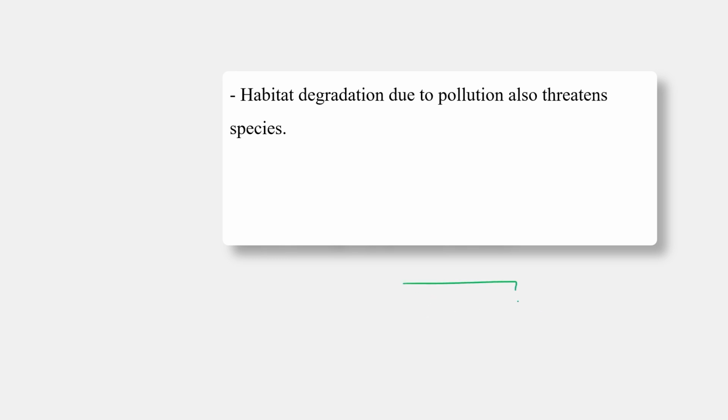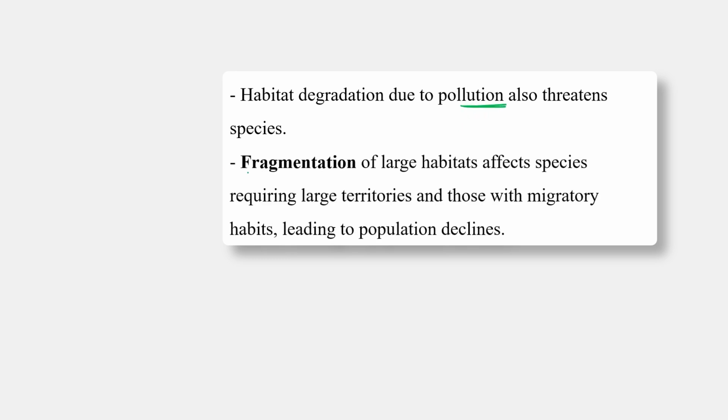Fragmentation: if an area gets fragmented into two or three parts, then animals that have the tendency to roam around in a particular area, if that much area is not available for their roaming and movement, also go extinct. Habitat destruction due to pollution also threatens species.